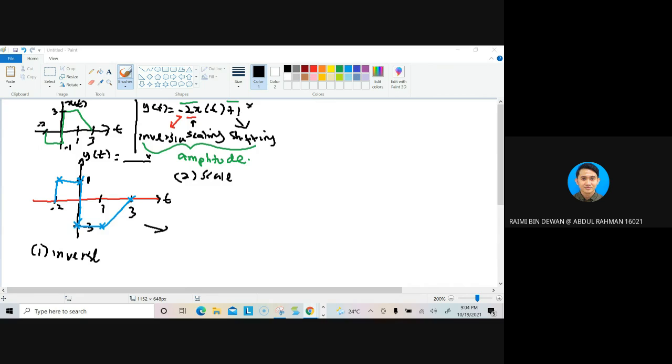Again, like I told you guys, there is no change in time, so you should use the same time, because this exercise is only for amplitude operation. So the time is still the same: 1, 3, negative 2. Now let's see at time negative 2, your initial amplitude is 1. However, now it needs to be times by 2. So 1 times by 2 is 2.